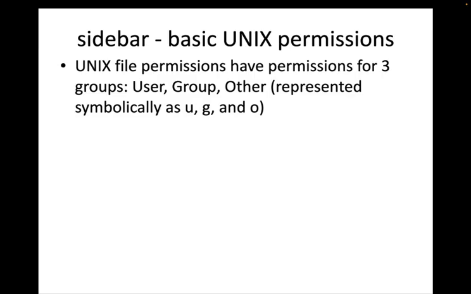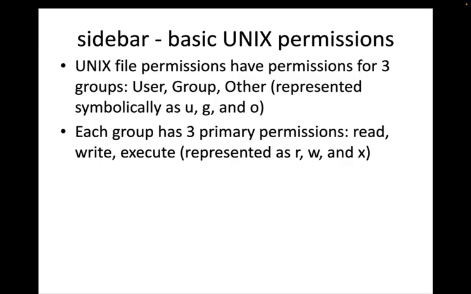When we refer to these symbolically in commands, they're represented by lowercase u, g, and o, respectively. Now, within each of those groups, you have three primary permissions, which are read, write, and execute.